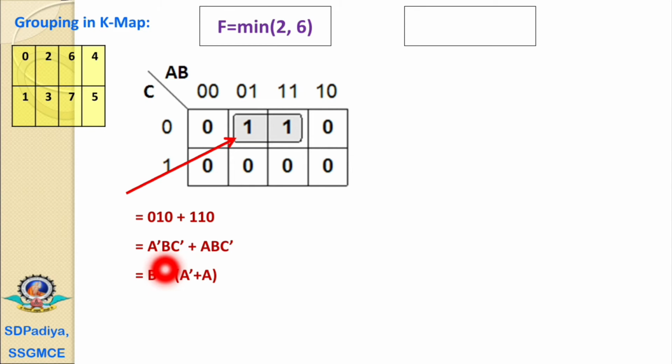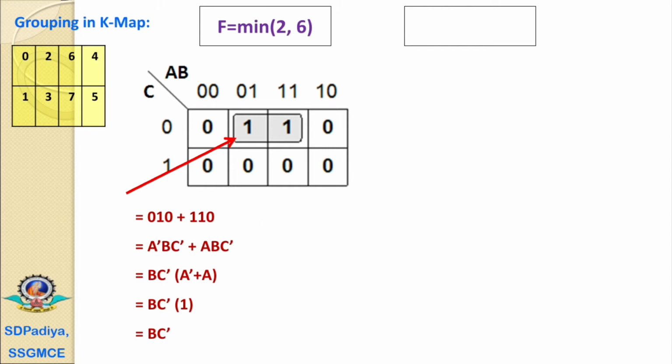Then inside, there will be A' plus A. The A' plus A, as per the identity, will be 1. That is, a variable or its complement, it is always 1. Therefore, it will be B C' times 1. Now, B C' times 1 means it is B C'. Finally, the minterm for that is B C'.